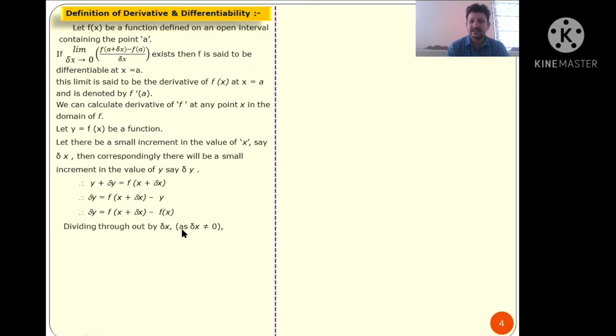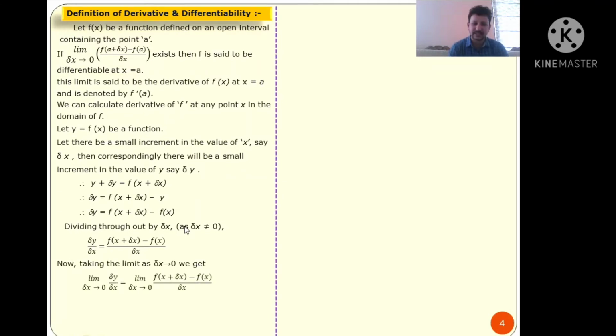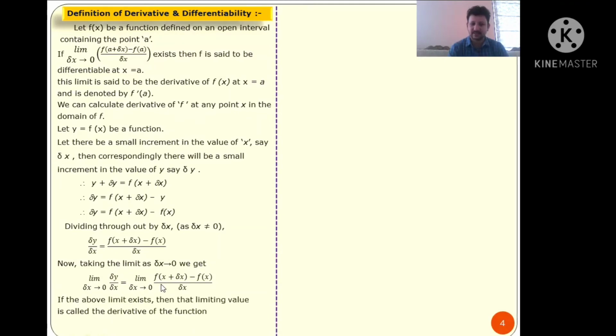Delta x is not equal to 0, so we can divide by delta x. Then take the limit as delta x tends to 0 on both sides. After taking the limit, if the limiting value of delta y upon delta x as delta x tends to 0 exists, then it is called the derivative of the function.